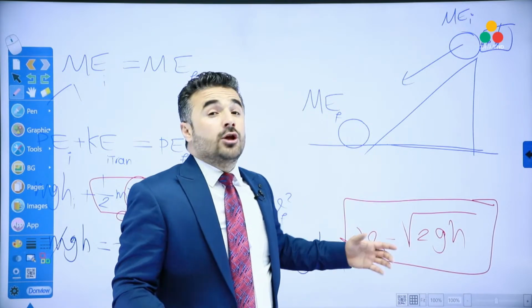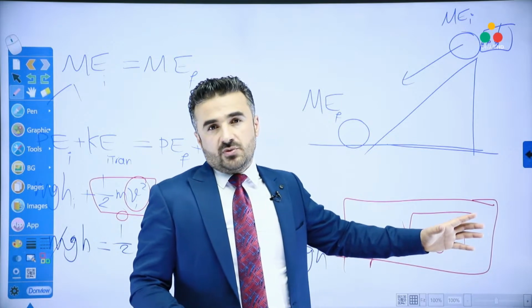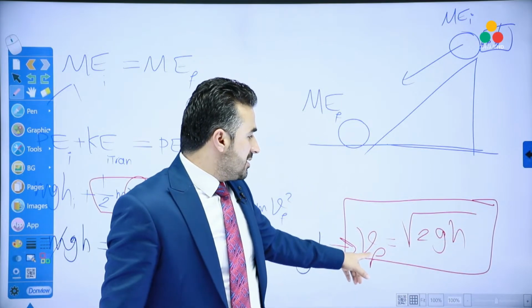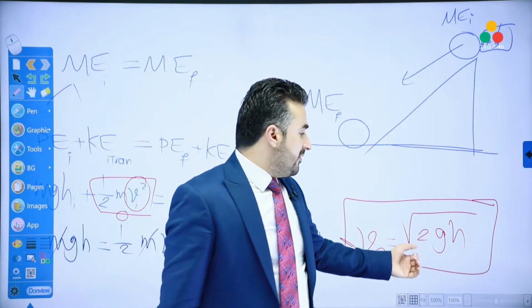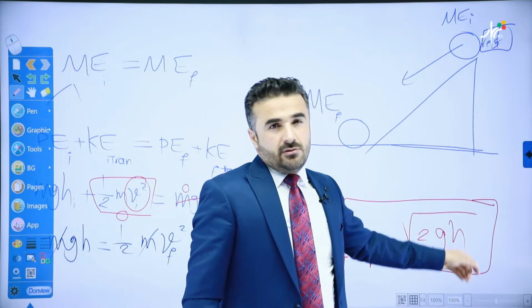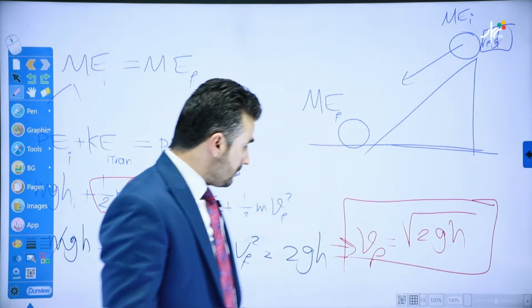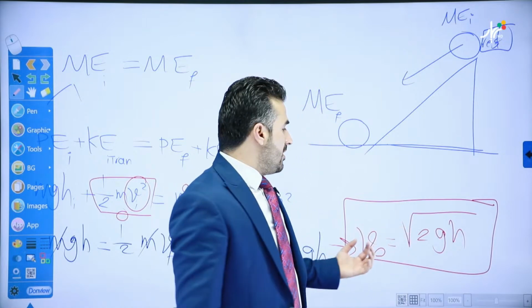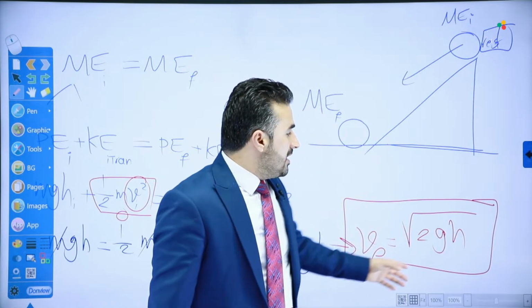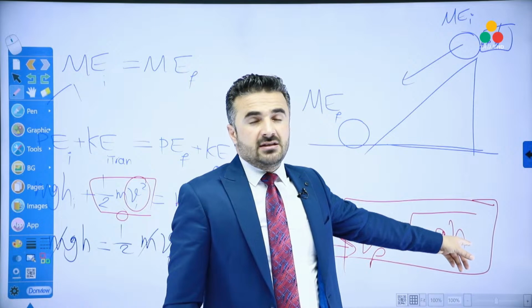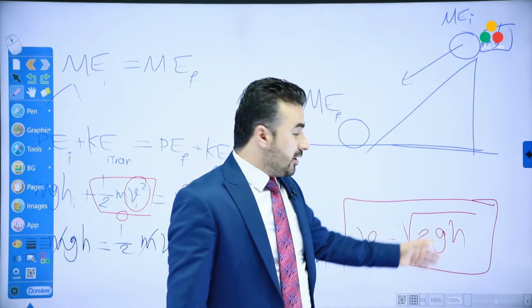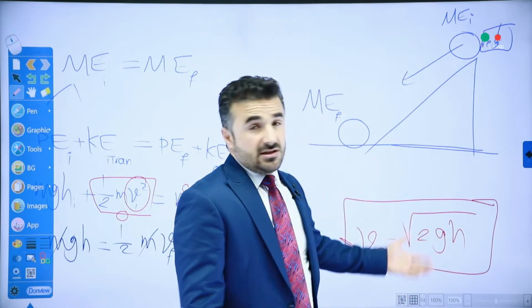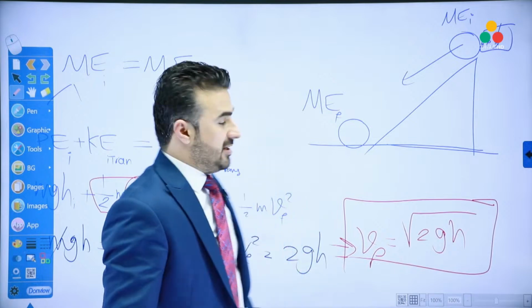So once again, regardless of the shape of the object, translational speed will equal the square root of 2 times gravitational acceleration times the height of the object. And of course, you can see here that translational speed of the object depends on what? Depends on the height of the object only here, okay? So regardless of the mass of the object, it does not depend on the shape of the object as well.